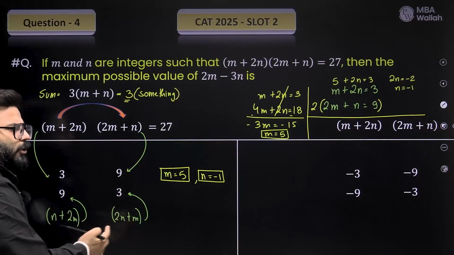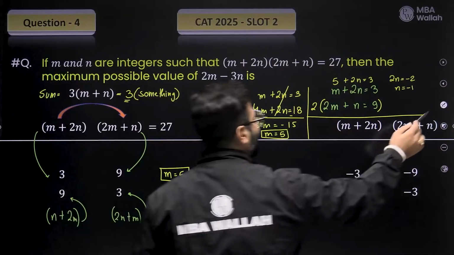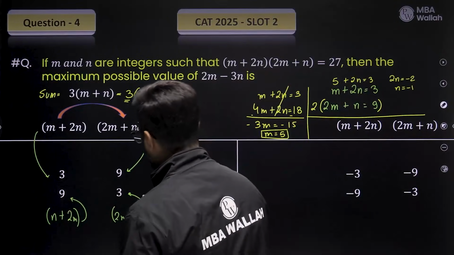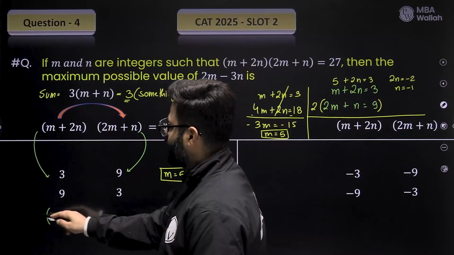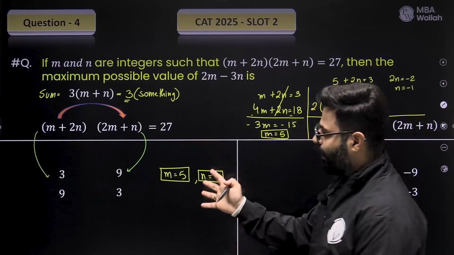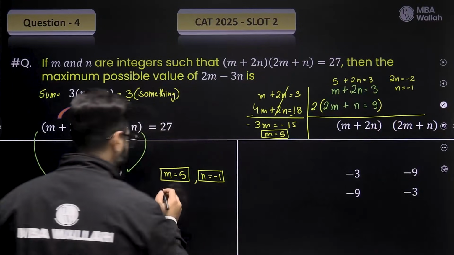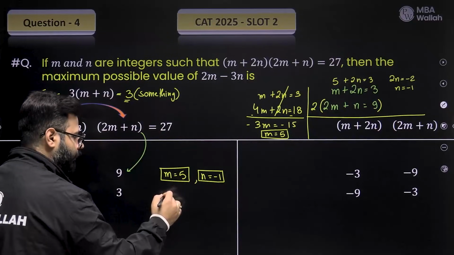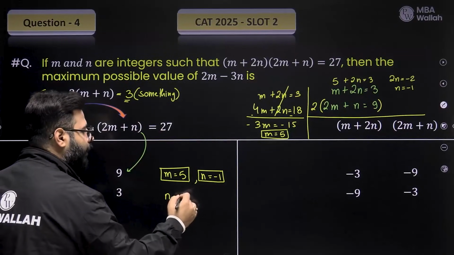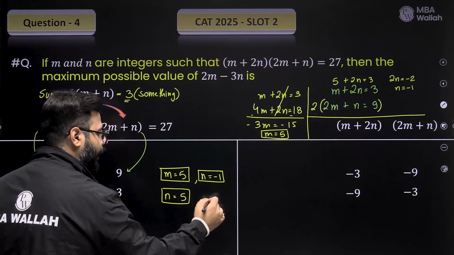So what we are doing is nothing but interchanging the coefficients and the RHS. So what we have done is we have interchanged the roles, and that's it, and nothing else. So no impact would be seen here. The only thing that would be seen is, now instead of m as 5 we will get n as 5, and instead of n as minus 1 we get m as minus 1.